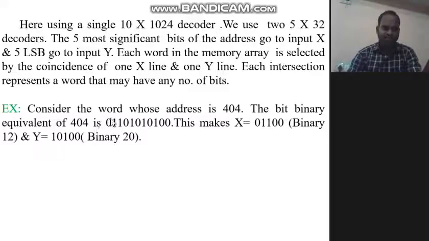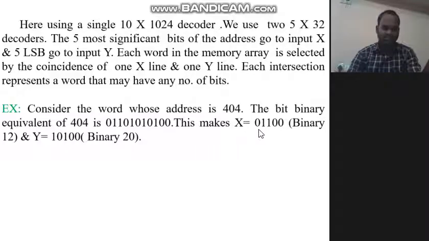So the first 5 bits of the MSB are 01100, which is the x direction.